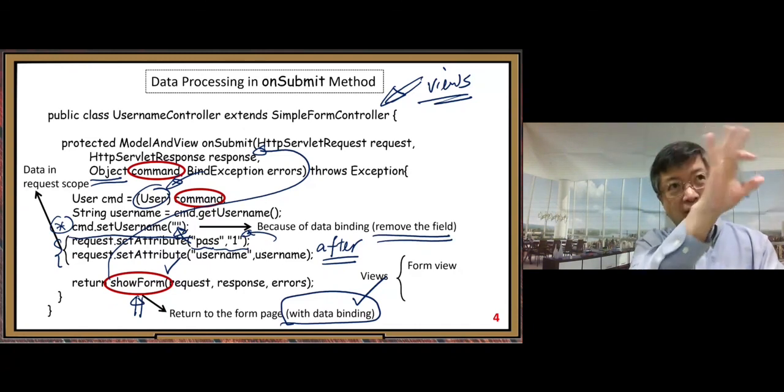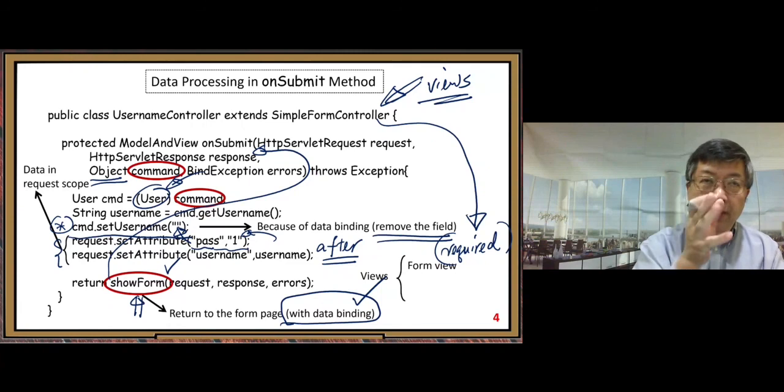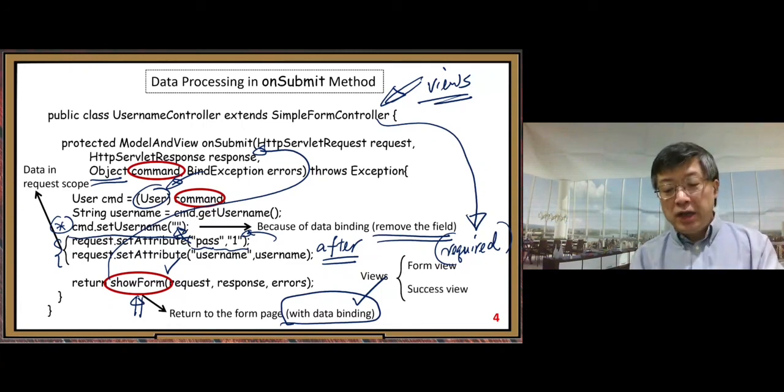Okay, form, collecting users' data. And this is required. So this form view is required. Whenever you use a simple form controller, you always need to configure it with the form view JSP. The second one is called a success view.